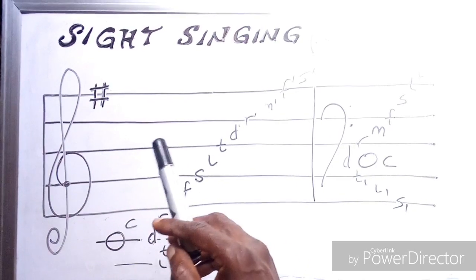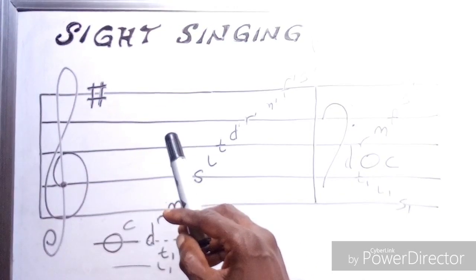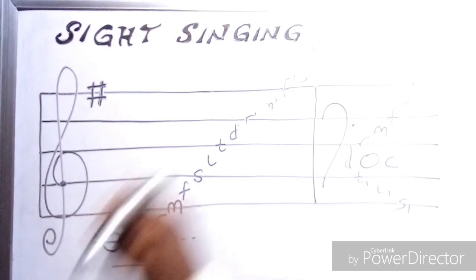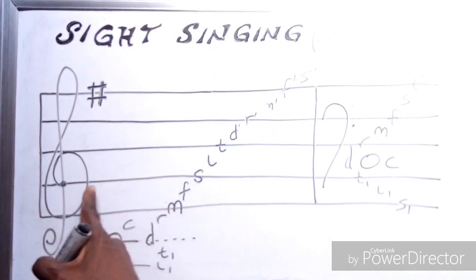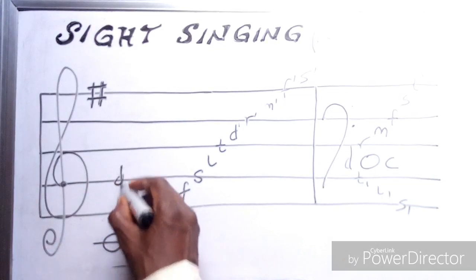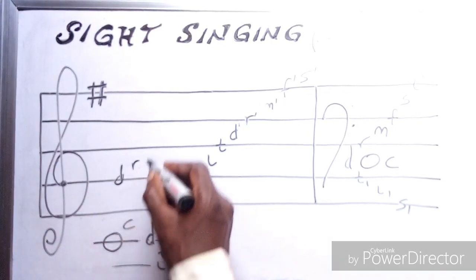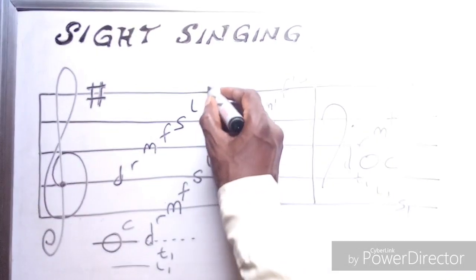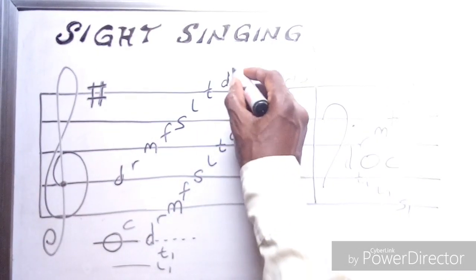Now, our tonic becomes G, since it is in the key of G major. They will now begin from here, which is G. This becomes do, and then this becomes re, mi, fa, so, la, ti, do.